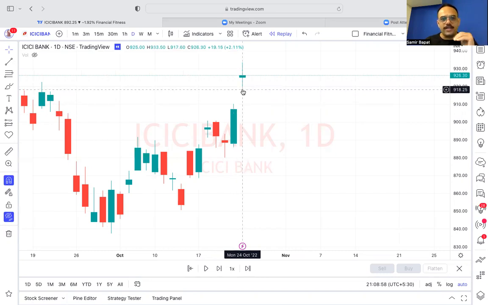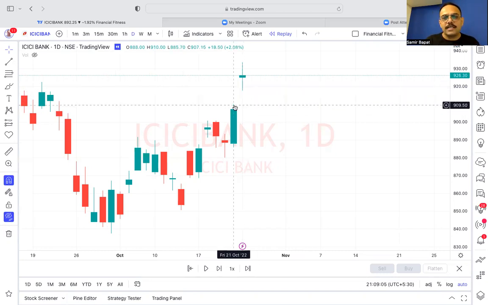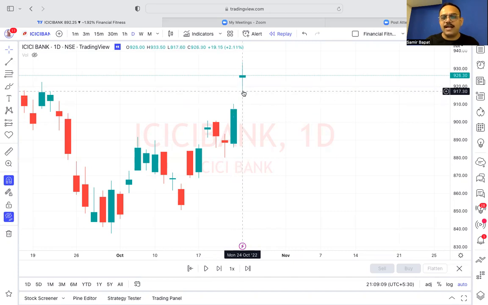The lowest point the next day was 917.60. So there is a gap of 7 rupees 60 paise between this point and this point. This is called a gap because this is very, very evident. Hence, I demonstrated this as a gap.